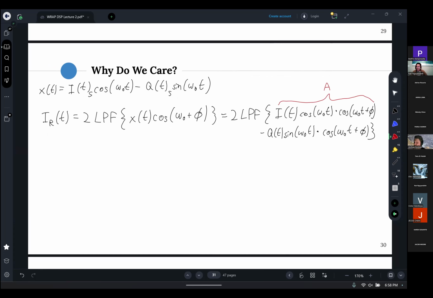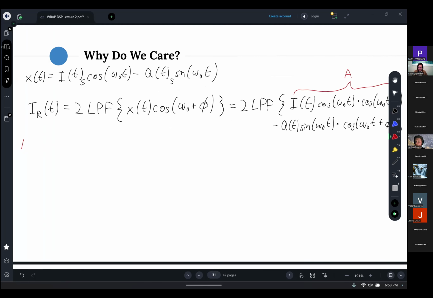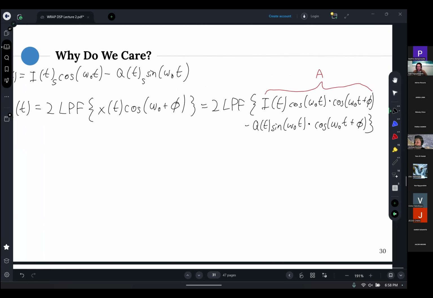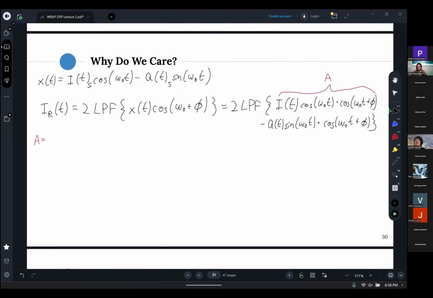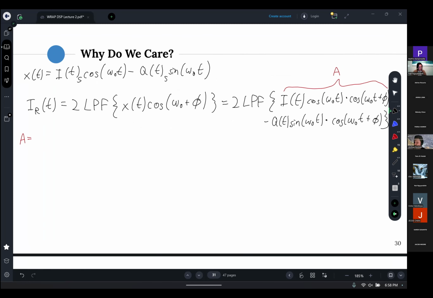I'm just going to call this A. If I only look at this section, which is just the in-phase component multiplied by the cosine with the phase offset, that's going to be equal to I of t. I'm going to write this down and then explain a little bit about where I got it from in a bit, but let me just make sure I have it written down correctly first.